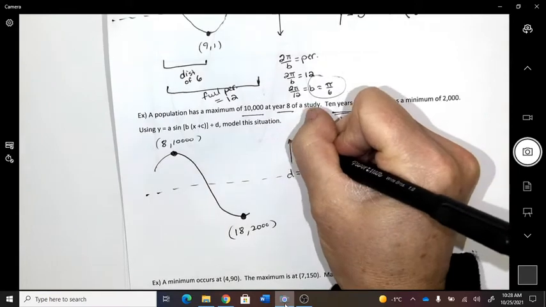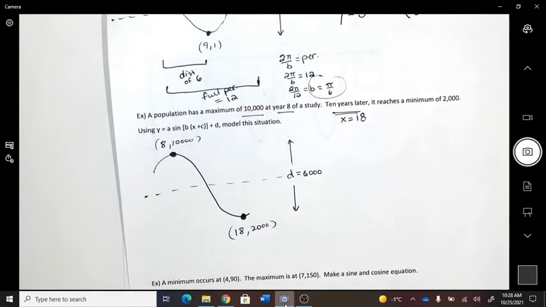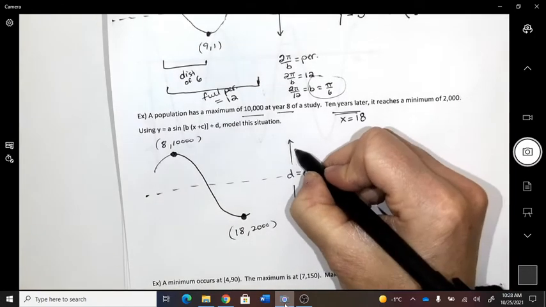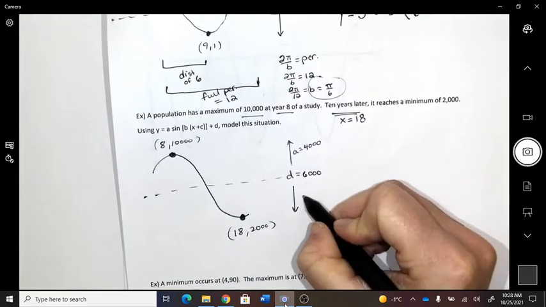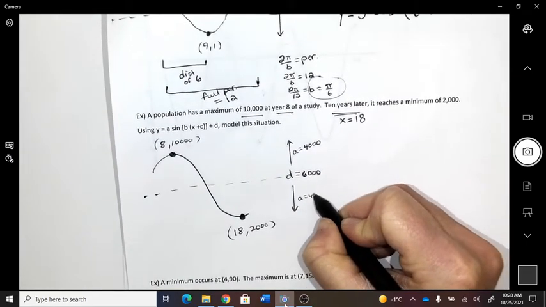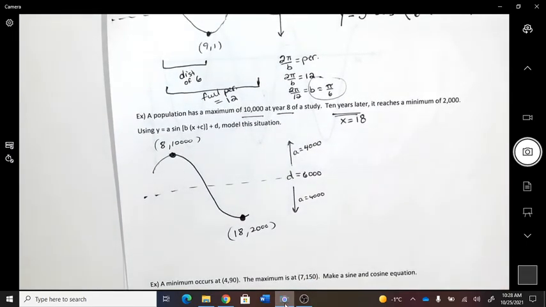Okay, next I'm going to figure out my amplitude. So how much am I above? How much am I below? It should be the same number if you did it properly, right? Is it 4,000? Right, you're spanning 4,000 above, 4,000 below.